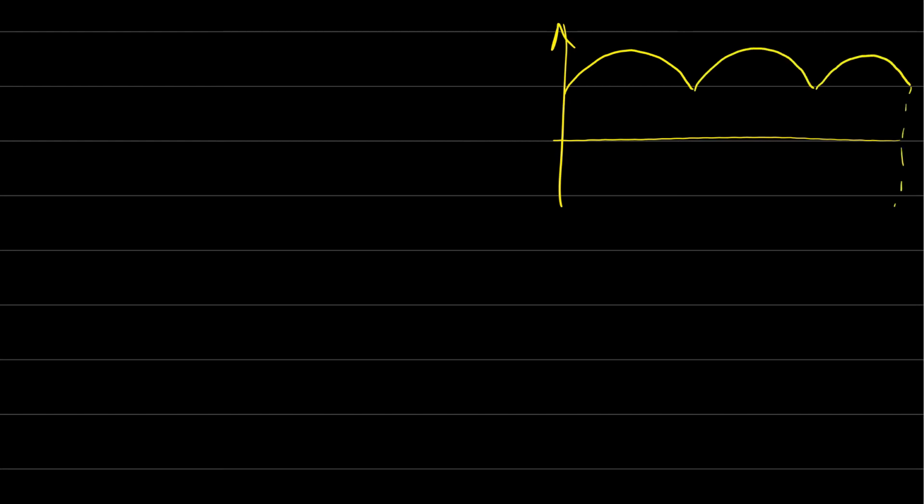So this is the full period, which is T, right? And this is V out. This is VA, VB, and VC.